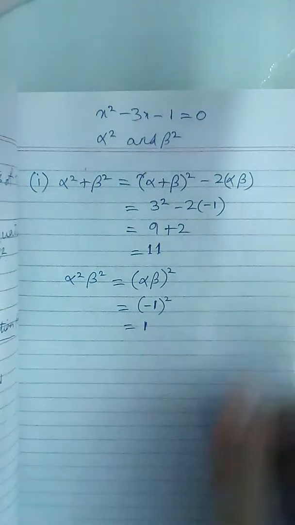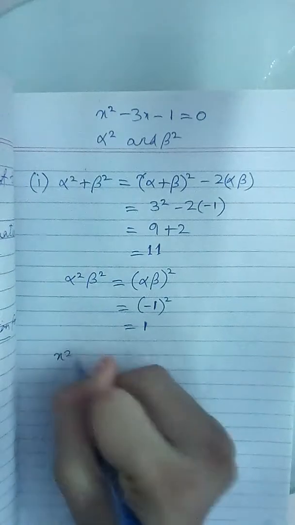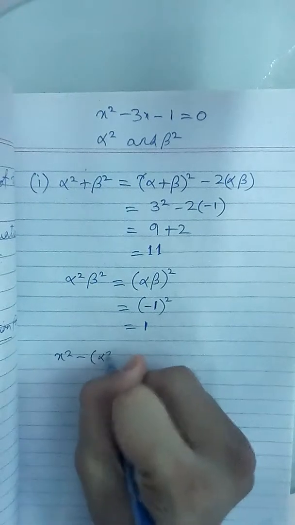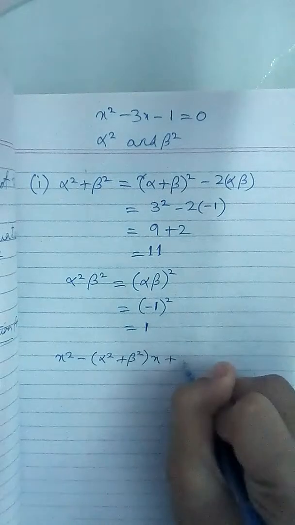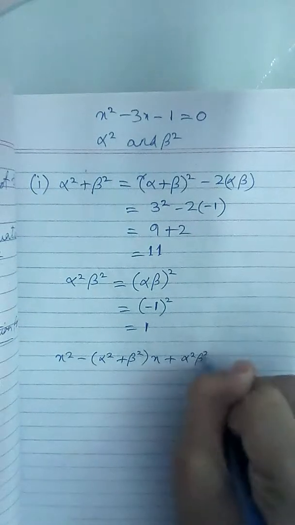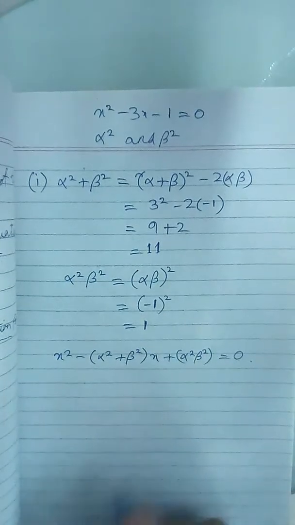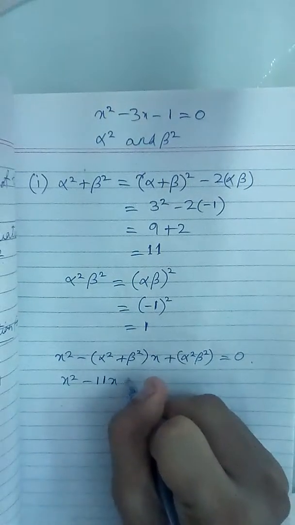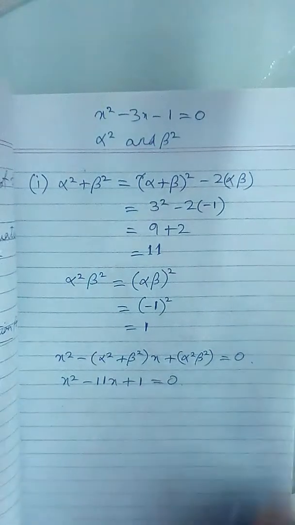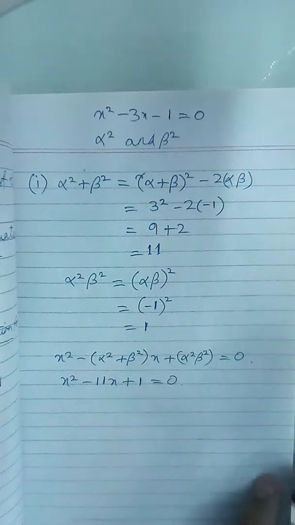So our new equation is going to be x square minus (sum of roots) x plus product of roots equals 0. That is x square minus 11x plus 1 equals 0. So we have now obtained an equation with the related roots.